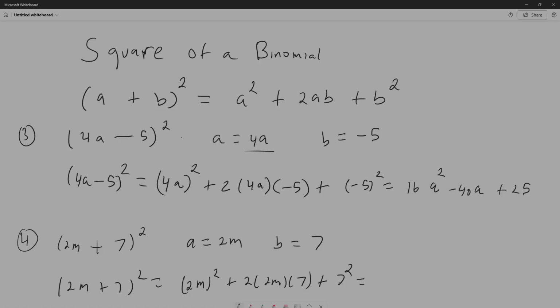Okay, now that's going to be equal to 4m squared. And then the middle term is going to be 2 times 2, that's 4 times 7, that's 28m, plus 7 squared, that's 49.